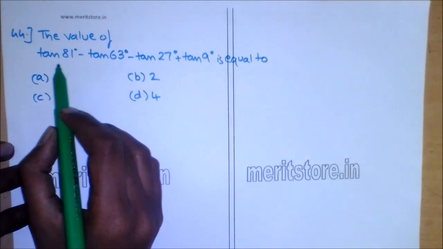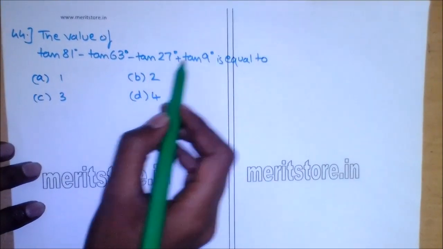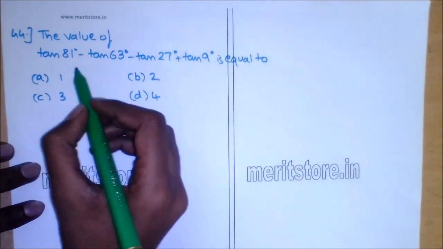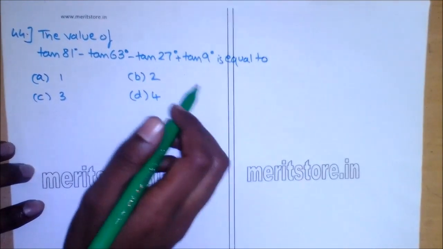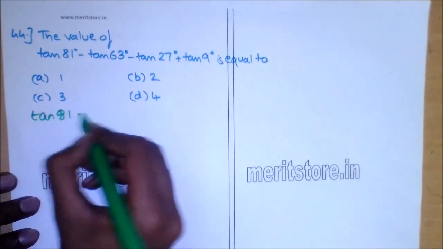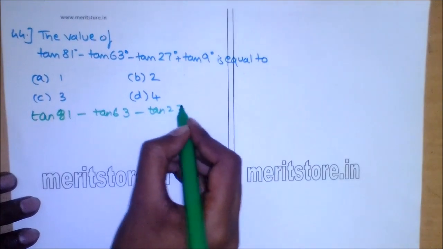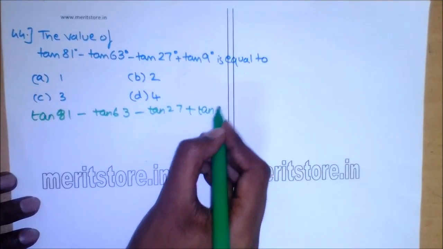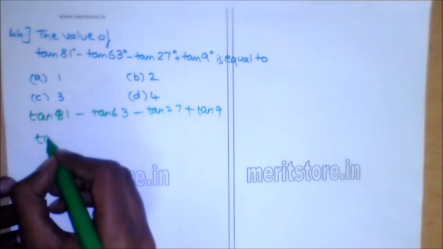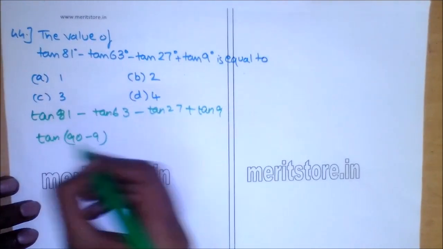We need to find the value of tan 81 degrees minus tan 63 minus tan 27 plus tan 9. The options are 1, 2, 3 and 4. So we rewrite the expression tan 81 minus tan 63 minus tan 27 plus tan 9. Now tan 81 can be written as tan of 90 minus 9.